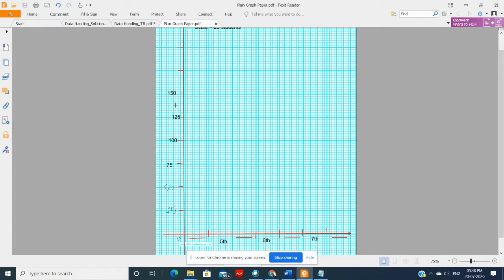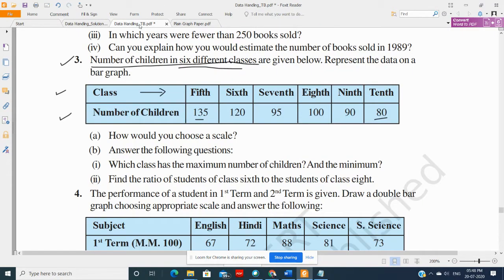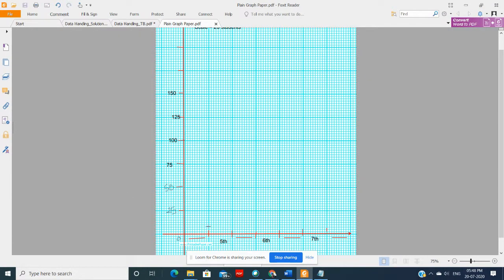Now let's plot our data. 5th standard, 135. Before we go ahead, we need to find out what would be the value of one smaller unit.